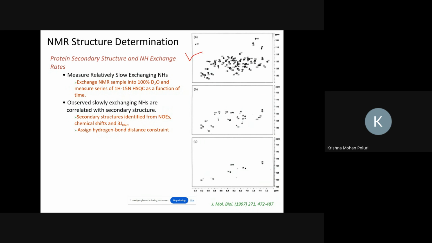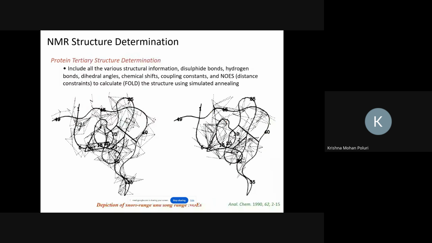This is the HSQC, but when you add deuterium, you will see only a few of them coming here. So this tells you these are the hydrogens which are present in the structural elements of a given protein.